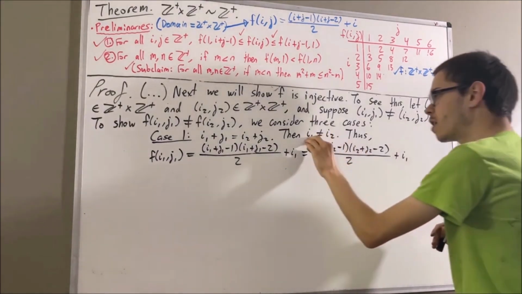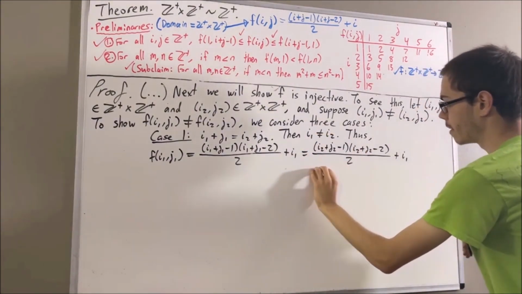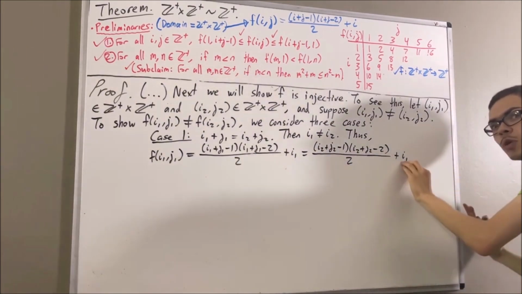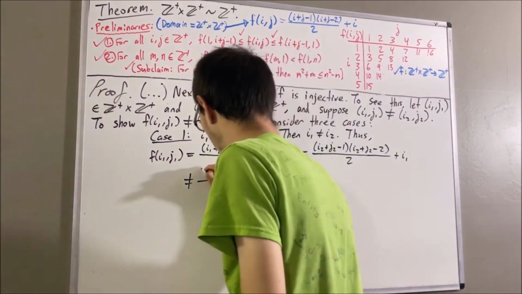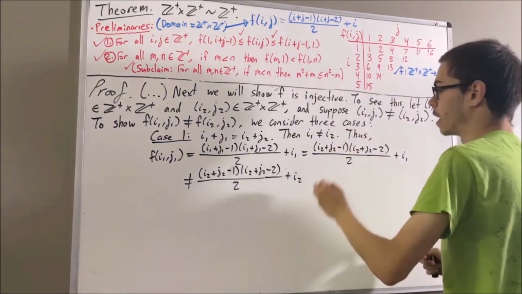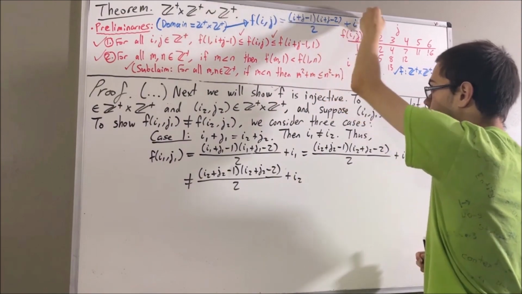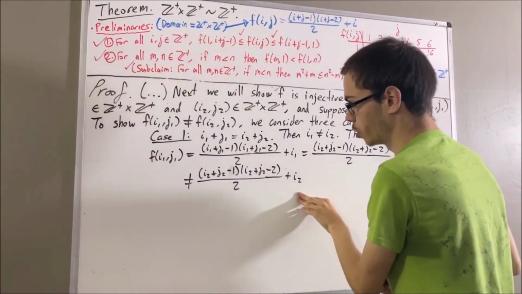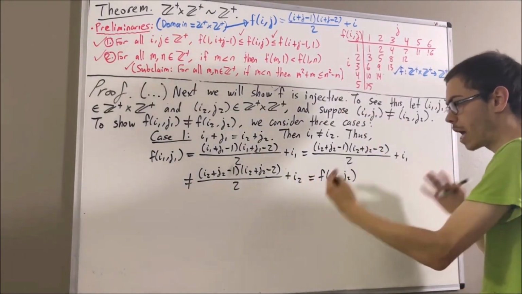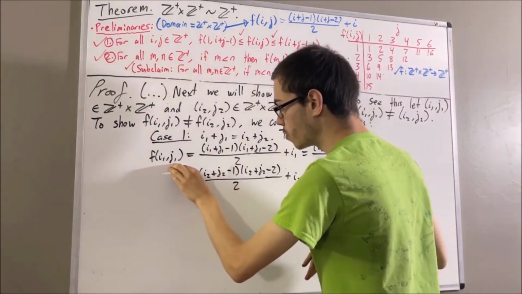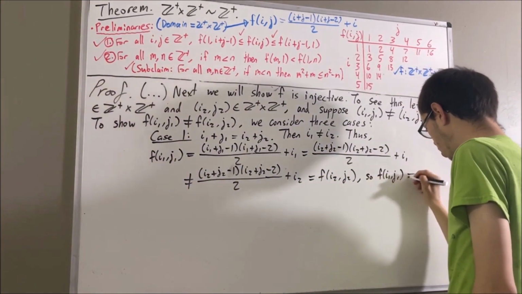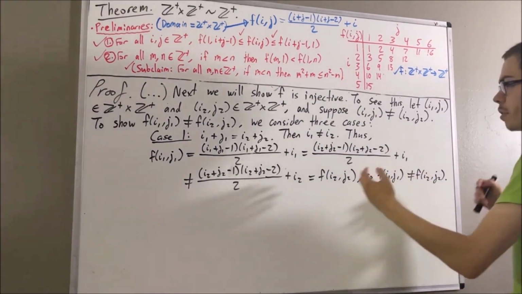But since i1 is not equal to i2, we have that this is not equal to itself, where we replace i1 with i2. However, if we apply the formula for function f, this is precisely equal to f of i2, j2. So what we have here is that f of i1, j1 is not equal to f of i2, j2. So that completes case 1.